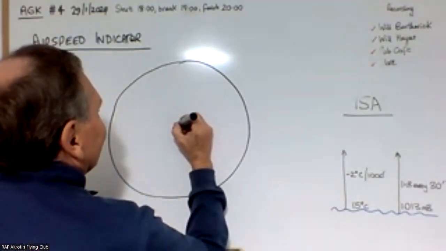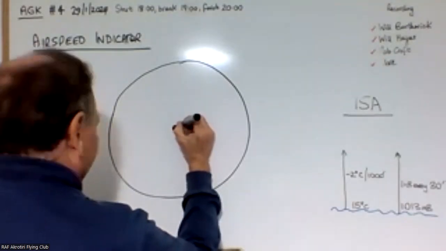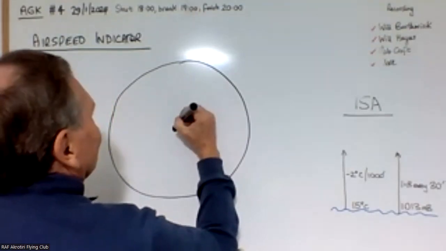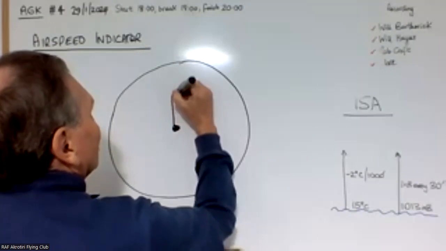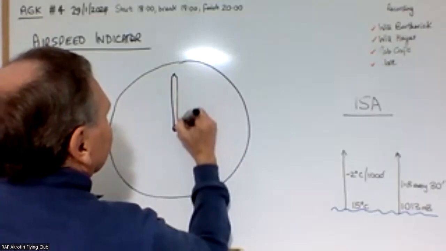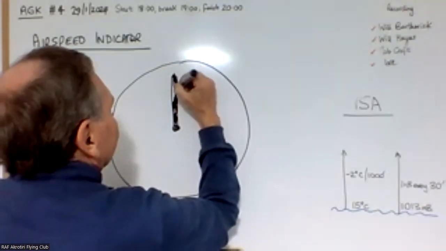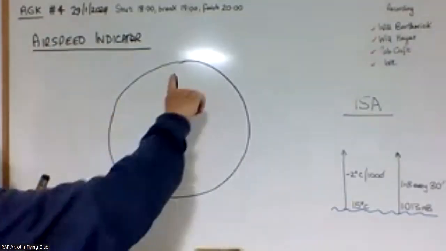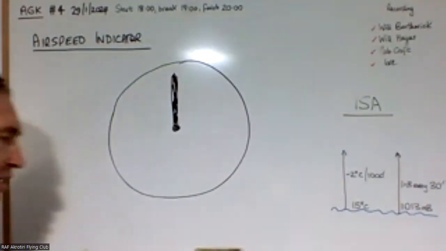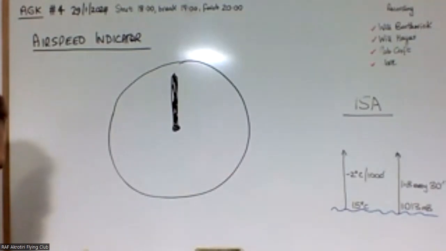So this is the needle I was talking about. So the needle of the airspeed indicator will naturally go round the instrument as we get faster, as the airflow goes over the instrument.